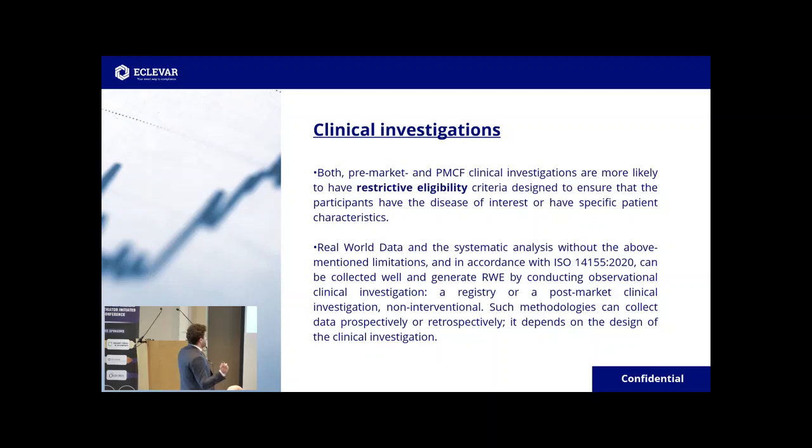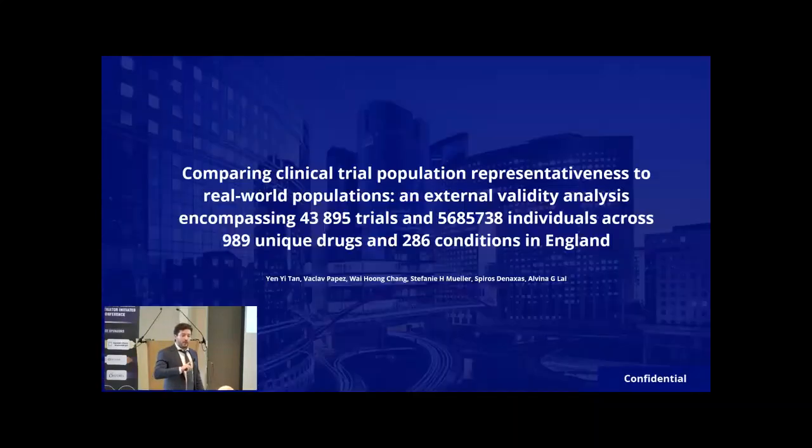The second problem with clinical investigation is the restrictive eligibility criteria. A group of researchers in the UK took 33,000 clinical trials set up in the UK, including approximately 5 million patients. You can find the paper.